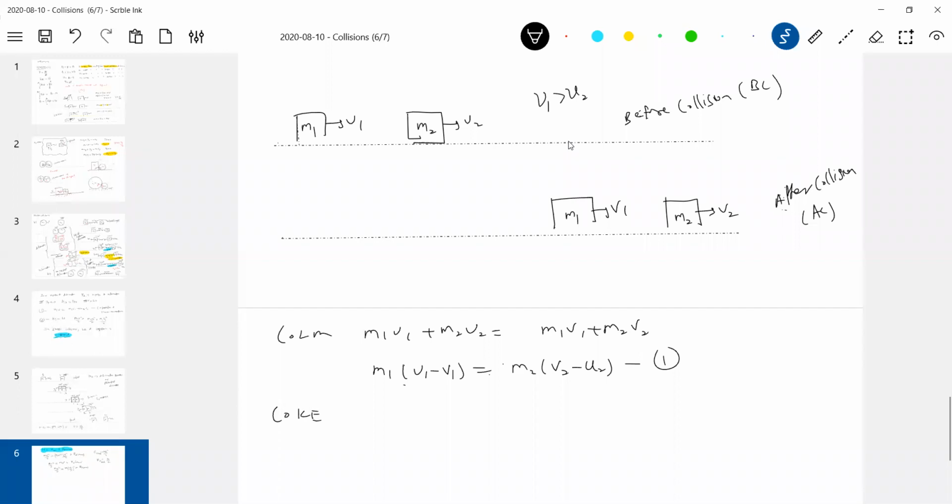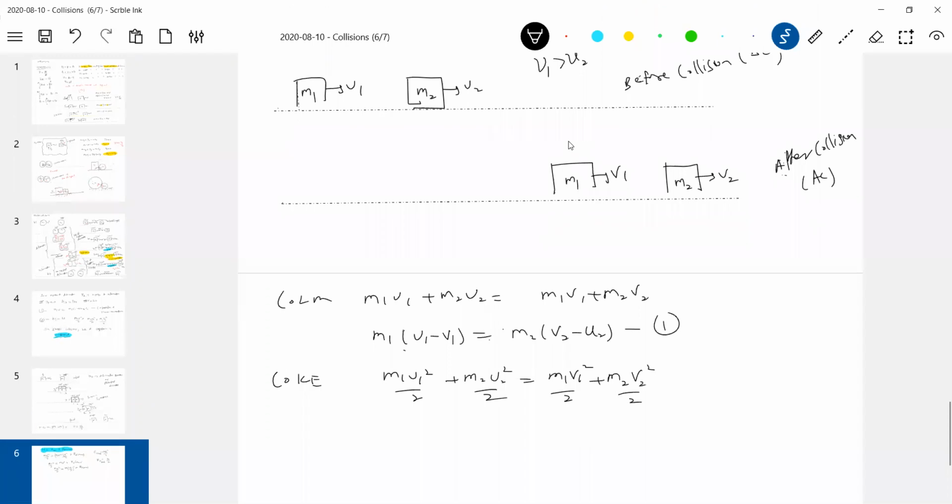Now conservation of kinetic energy. M1 U1 square by 2 plus M2 U2 square by 2 equals M1 V1 square by 2 plus M2 V2 square by 2. The 2 we eliminate. M1 U1 square minus V1 square equals M2 V2 minus U2, V2 plus U2.